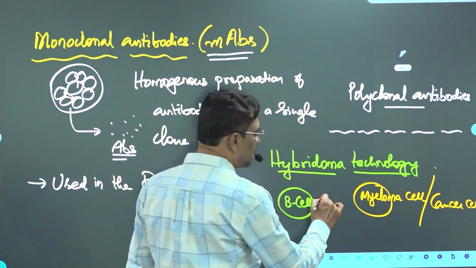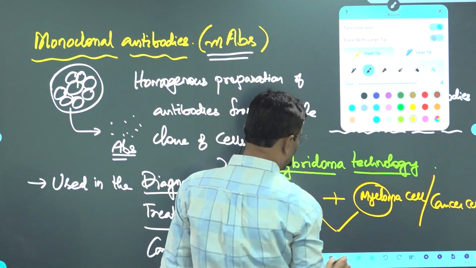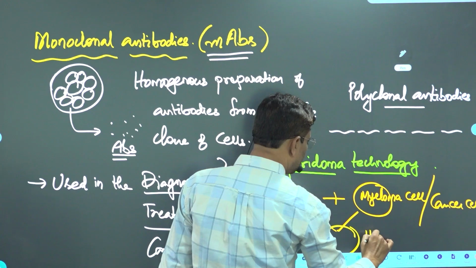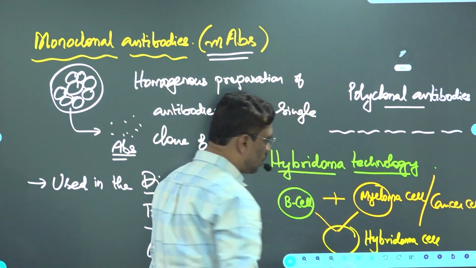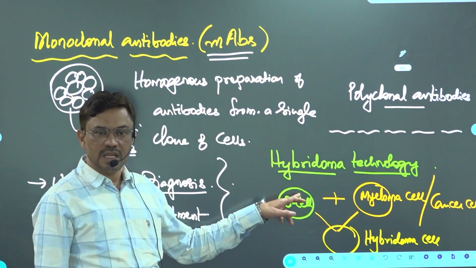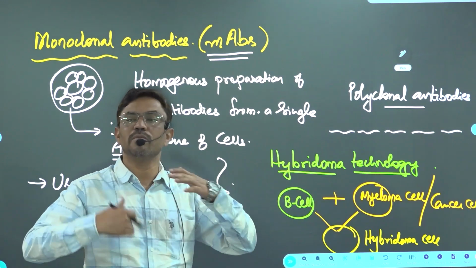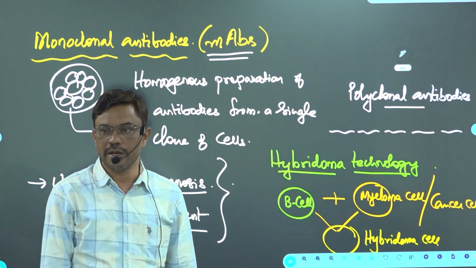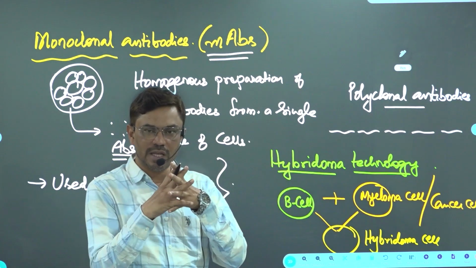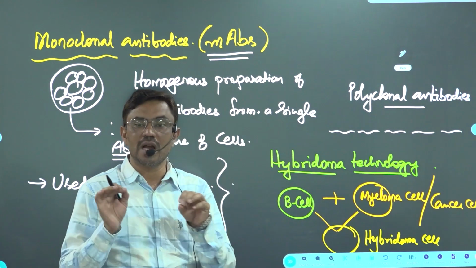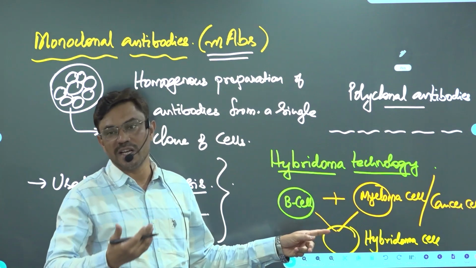Here the B cell is combined with a myeloma cell, thereby we get a new cell. That new cell is called a hybridoma cell. So now listen. This B cell has antibody producing capacity, and the myeloma cell has multiplication capacity. It undergoes multiplication continuously. So when these two cells are combined, we get a hybridoma cell. Now this hybridoma cell has two properties. One is antibody producing capacity, another is multiplication capacity.